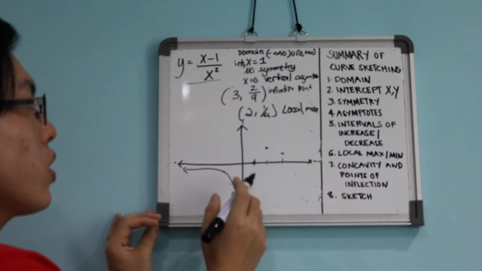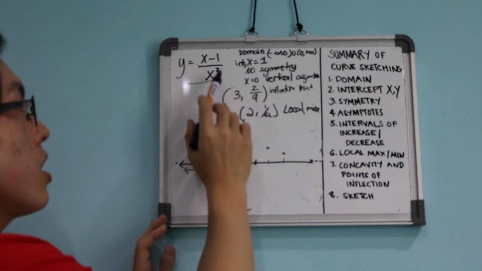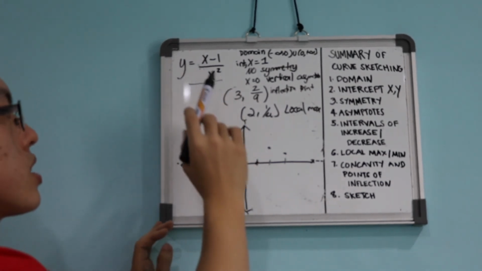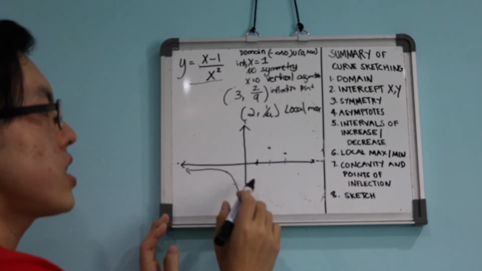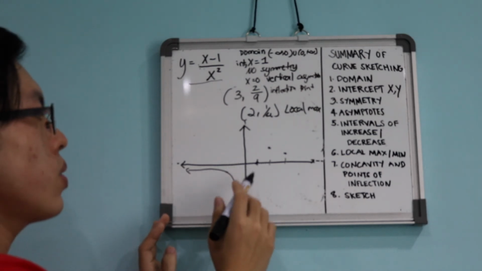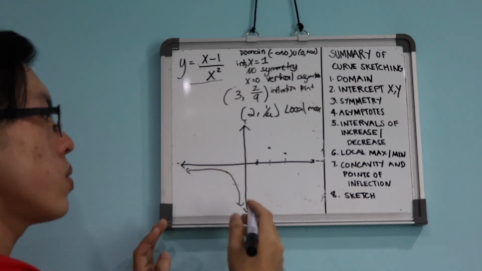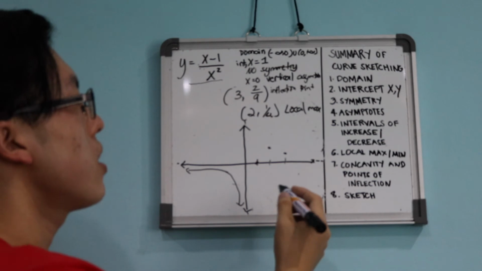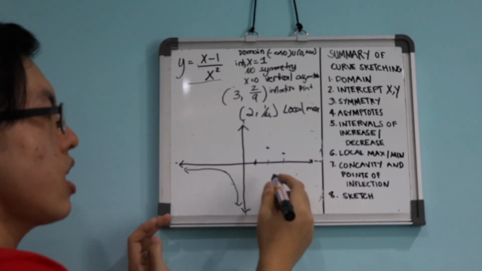All you need to do to graph this curve is plug in a number that is less than 0. Since, as I said, there is no other x-intercept, the graph should be below. And from the data, we know that from 0 to 3 it is concave down.